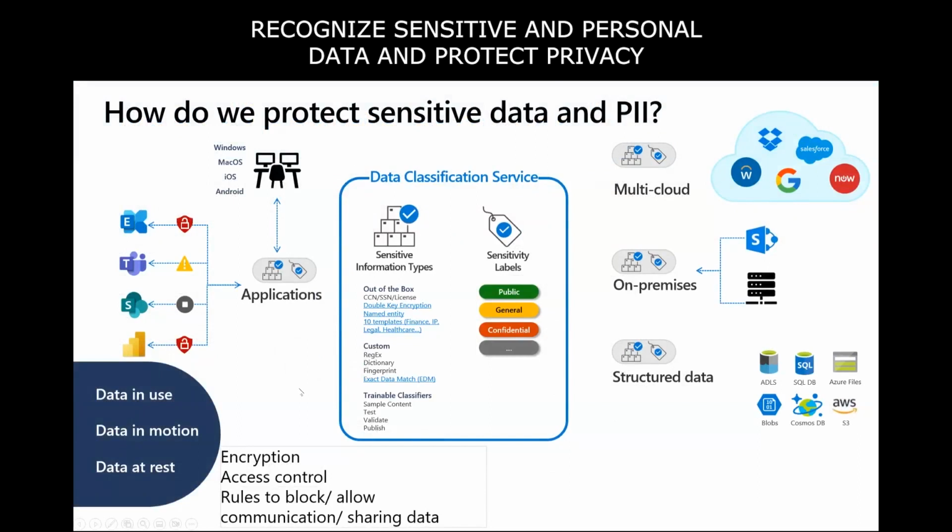Classification technology will label your data based on the classification schema that you have: public, general, confidential. Based on this classification, you decide the level of protection that you want. For example, for confidential you may want to apply encryption or access control, but for public you don't want to do anything. It's just a public document. All of this will be applied to data in use, data in motion, and data at rest.